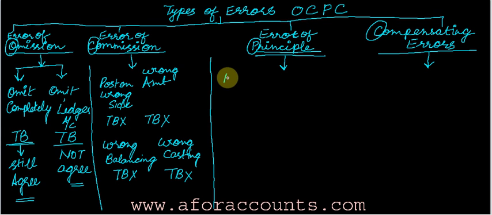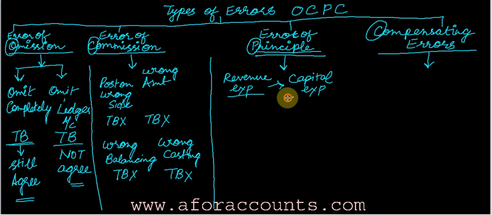Revenue expenditure is treated as capital expenditure. Now the expenditure is debited, so will it make an effect on your trial balance?